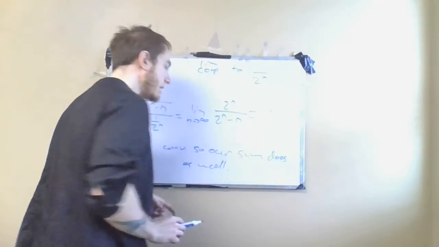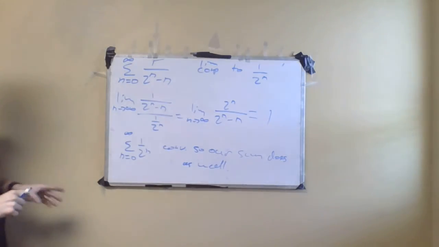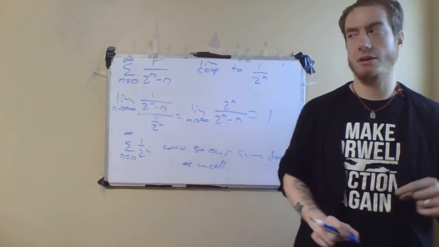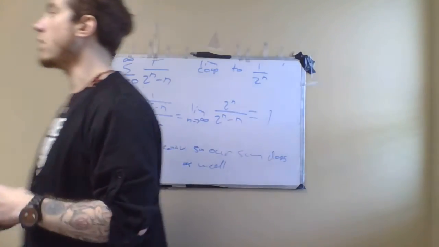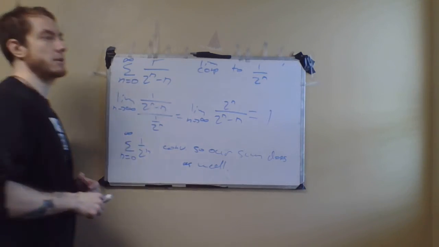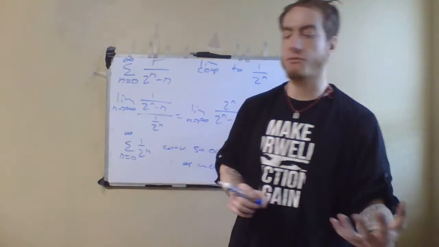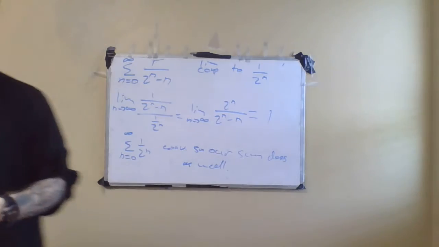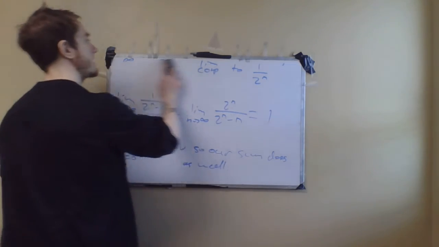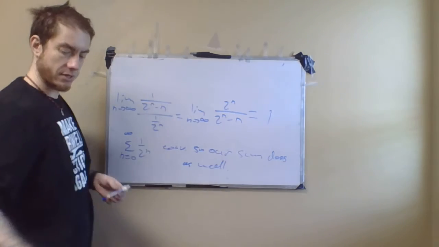Now, one thing that I do want to mention, in all of these examples that I've shown you, the limit of the ratio has come out to be 1. That's not necessarily always going to happen, but it frequently does. And one of the reasons it frequently does is because if the limit of the ratio comes out to be L, right?